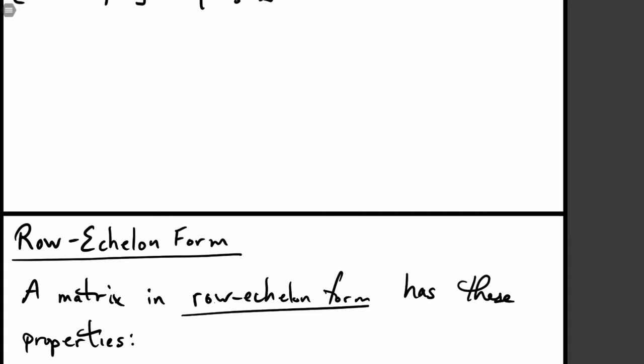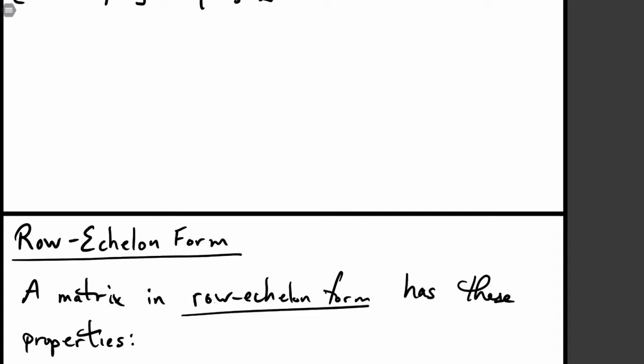Then we move down an equation and try and get the y by itself, and then get rid of all the y's below it, and so on, right? So how does this apply to matrices?